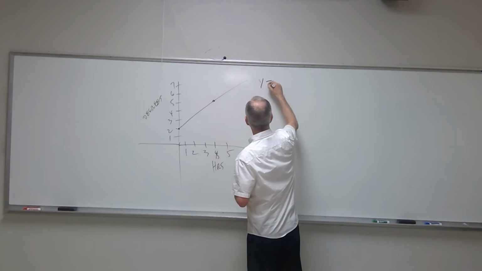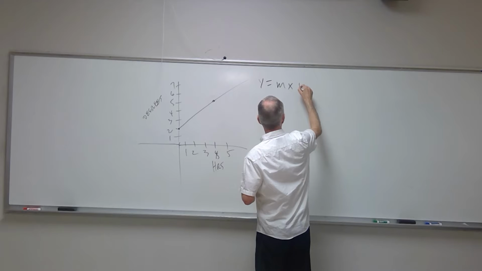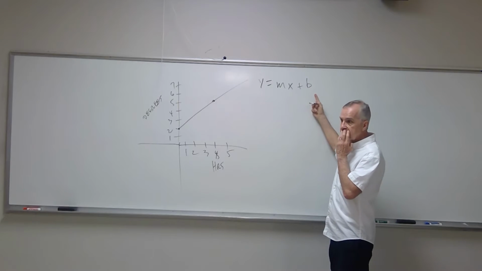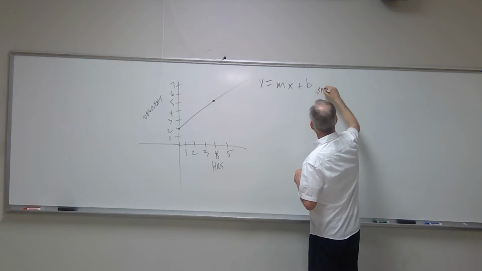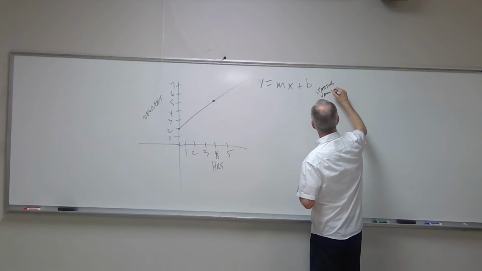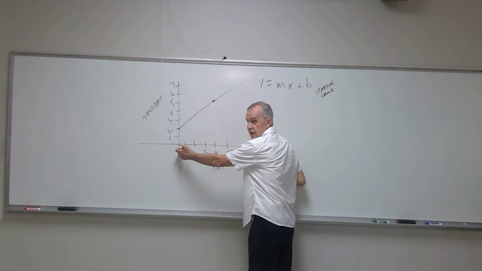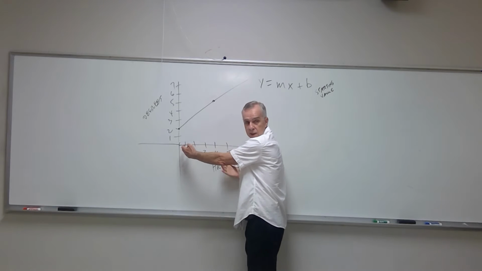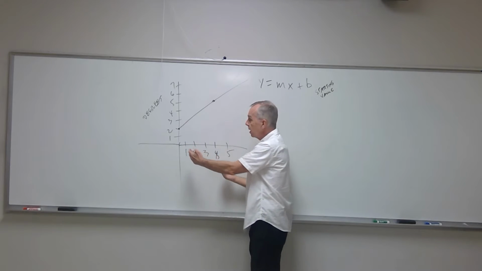So remember the general formula: y equals mx plus b. What was the b? The starting point. That's the starting value. Because remember, I'm going to keep track of the temperature over some period of time. So I want to know when I got ready to start the clock, what was the temperature?